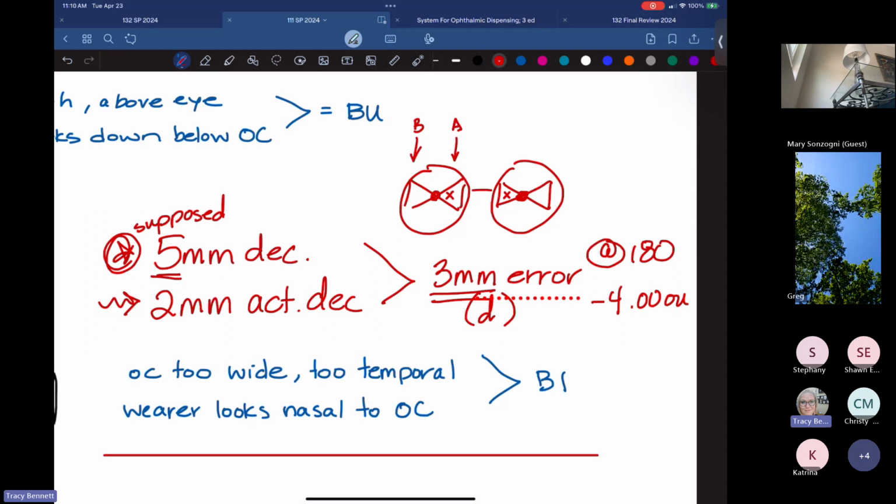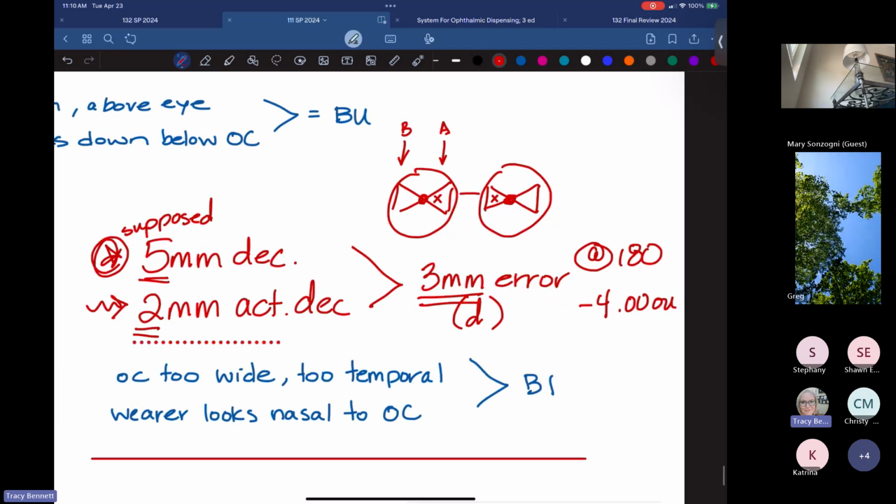Because we should have went in all the way to 5, but we didn't. We only went in 2. So you can think of it, our eyes were at 5, but this was at 2. Very good, Mary. So then we'd end up with base in prism for this.